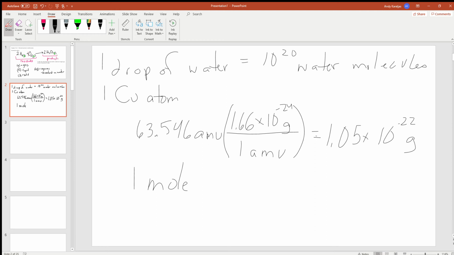A mole is equal to 6.02 times 10 to the 23rd of whatever the object is. And this number is known as Avogadro's number.